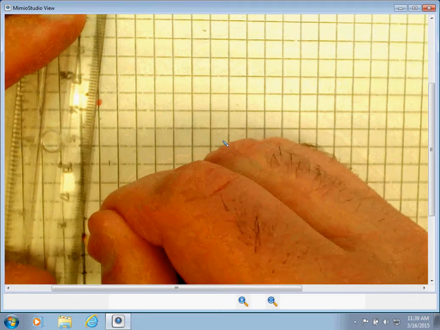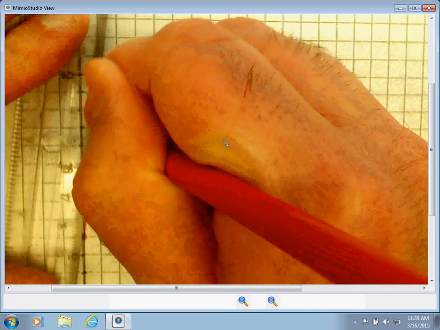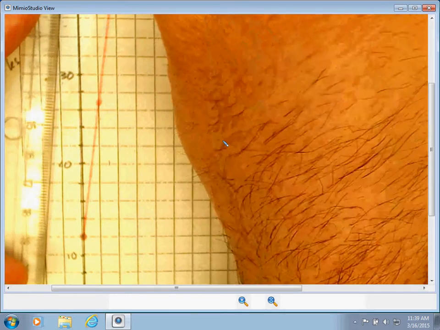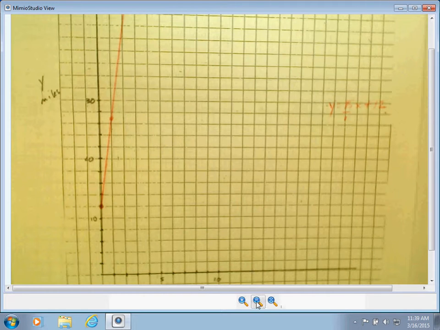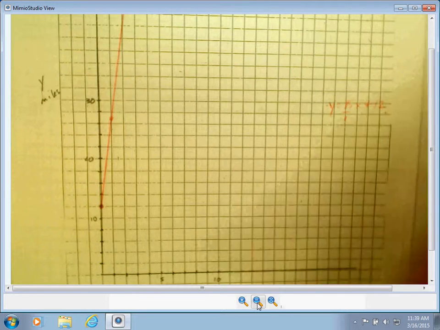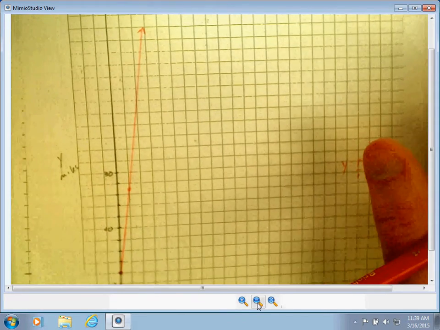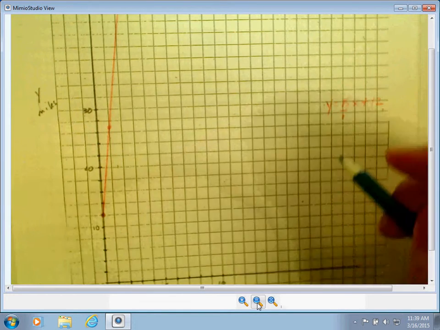Then I'm going to connect those two points, trying to draw it straight through the middle of the points so that I can be as accurate as possible. This would be Lisa's graph. As you can see, it keeps going up and up, and it's pretty steep. I think what we're going to find is that Mike's graph is going to be even steeper yet, but it's going to start at a lower spot.